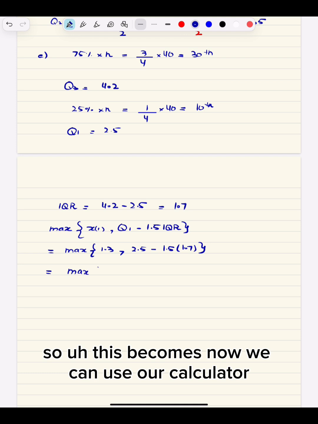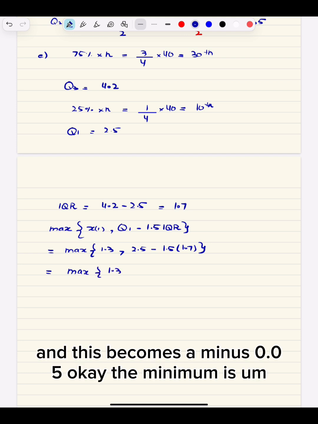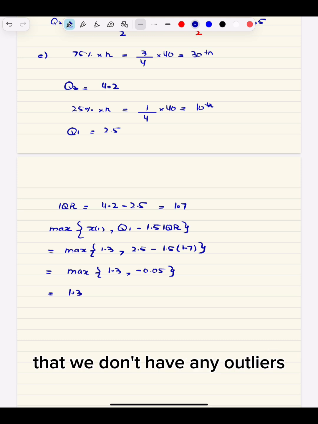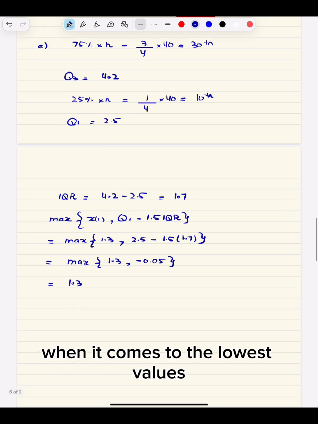We can use our calculator, and this becomes minus 0.05. Okay, the maximum is 1.3. So that means that we don't have any outliers when it comes to the lowest values.